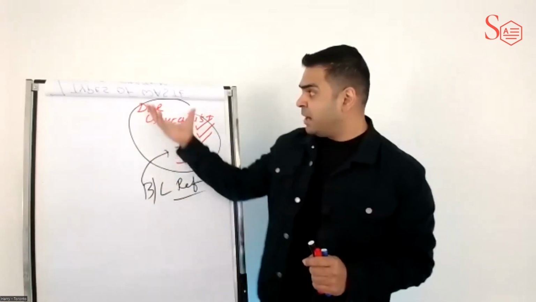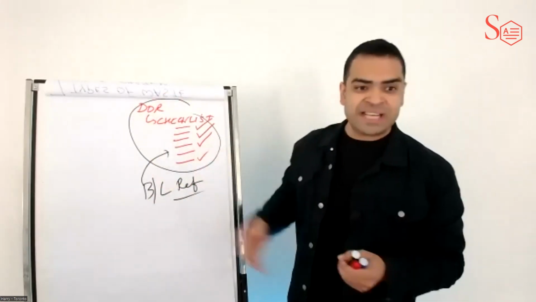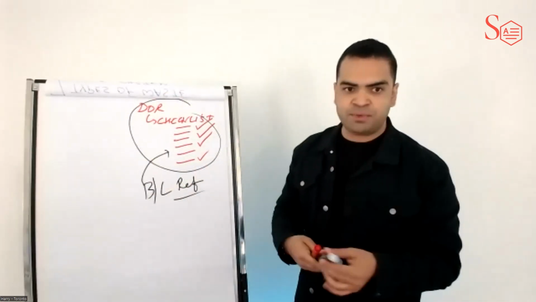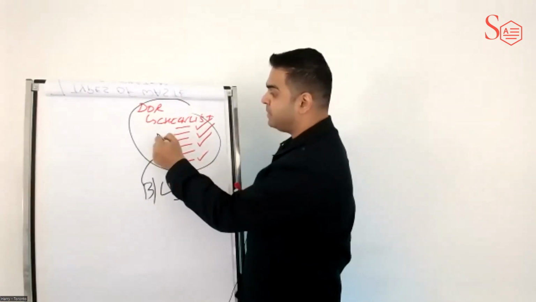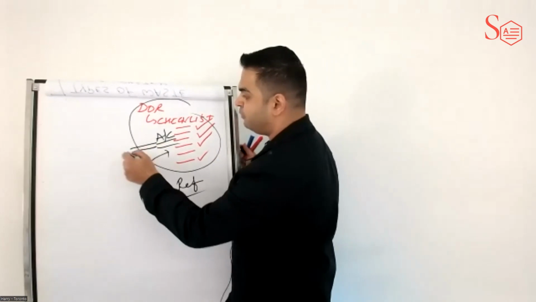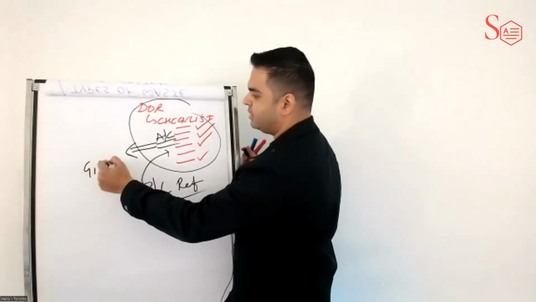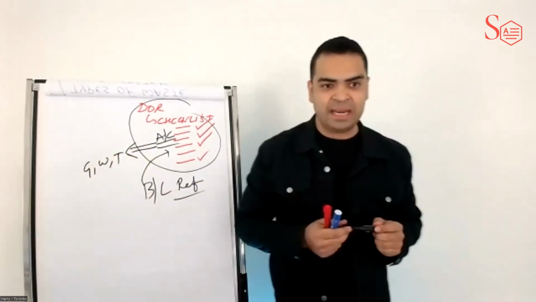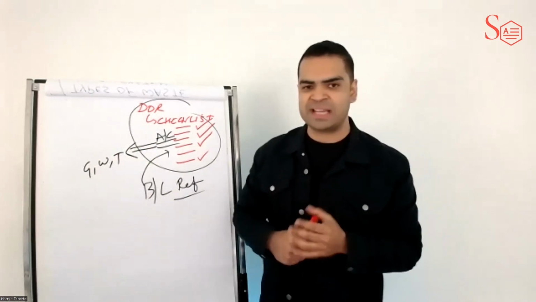So backlog refinement, definition of ready, those type of checklists would help us further optimize that, having good acceptance criteria for our stories. And that is where tools or templates like given, when, then acceptance criteria come.